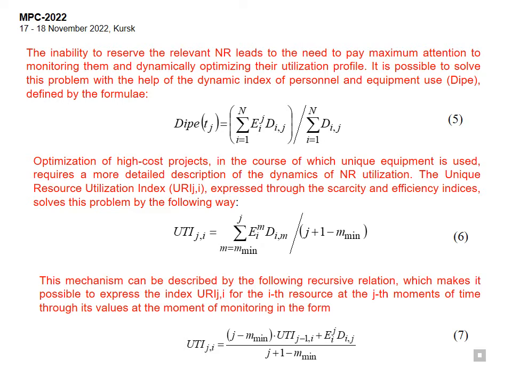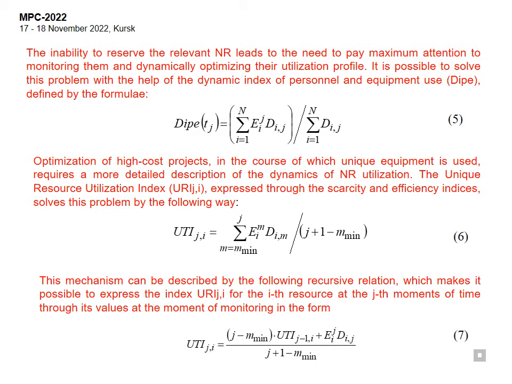Optimization of high-cost projects in the course of which unique equipment is used requires a more detailed description of the dynamics of NR utilization. The unique resource utilization index URIG_ij, expressed through the scarcity and efficiency indices, solves this problem in the following way.